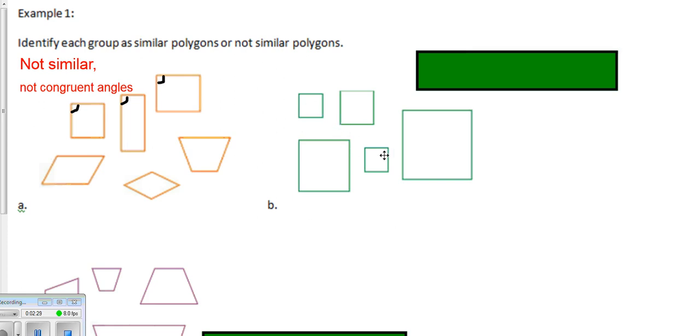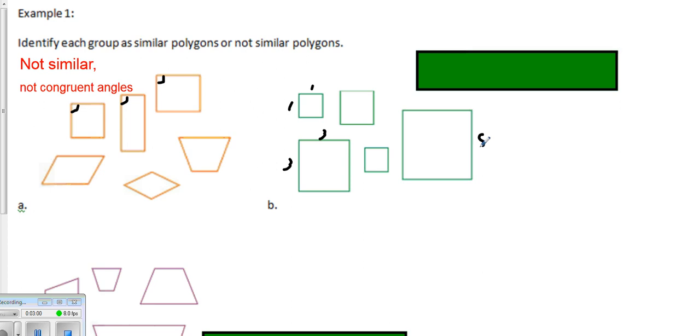Let's look at group B here. In this case, it looks like we have, again, all quadrilaterals, and they all appear to be squares. Remember, squares would all have right angles in each of these corners, and the ratio of their sides would all be the same. So let's say on this little one here, this side length was 1, and this side length was 3. Well, if this was 1 and this is 3, this is 1, this is 3. 1 to 3 is the same as 1 to 3.